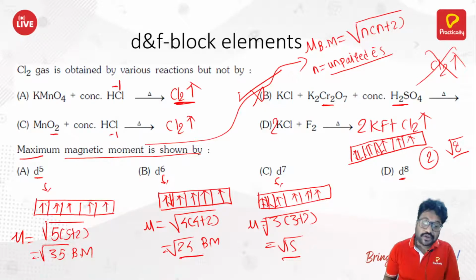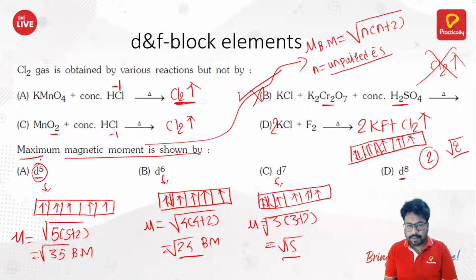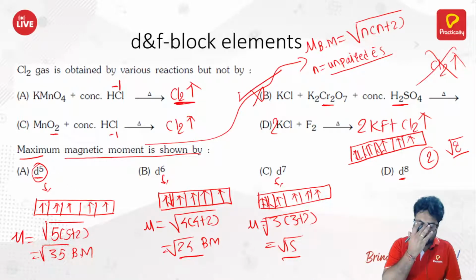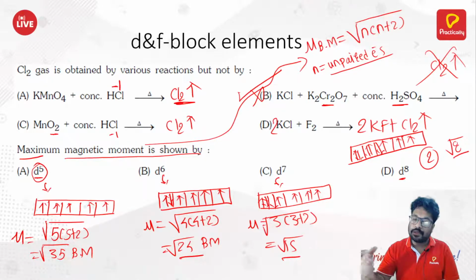So, as you all know, the highest value is shown by under root 35. That means the maximum magnetic moment is shown by d5. You can remember this. See, when you go from d1 to d5, the number of unpaired electrons increases like this: d1 1, d2 2, d3 3, d4 4, d5 5.